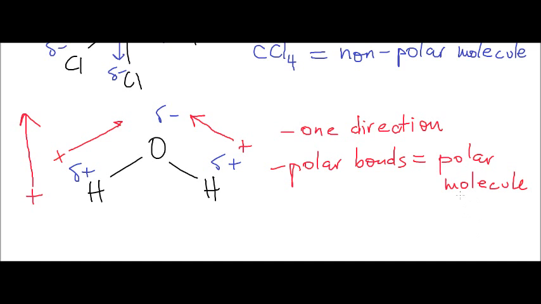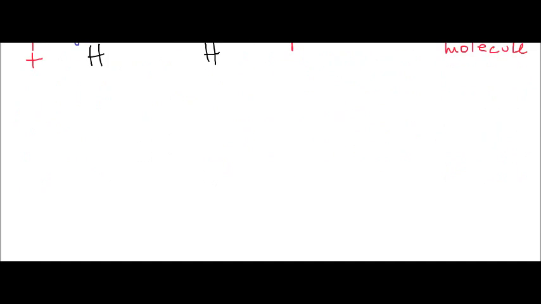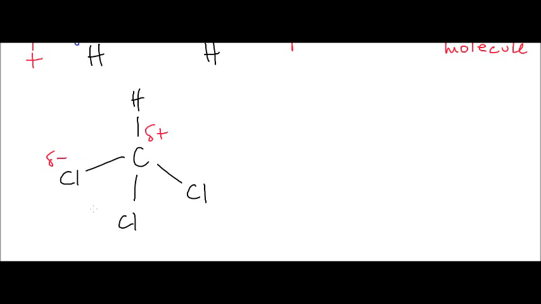Let's draw one more example. We're going to draw something like chloroform: carbon, hydrogen, chlorine, chlorine, chlorine. This is slightly different. Even though the carbon is slightly positive and the chlorines are slightly negative, going from positive to negative, positive to negative, it's going in really one direction.